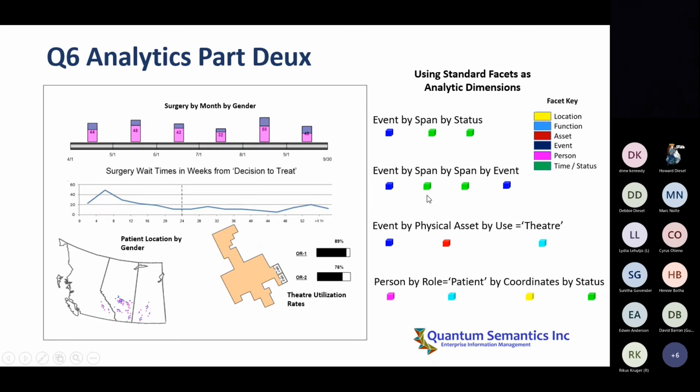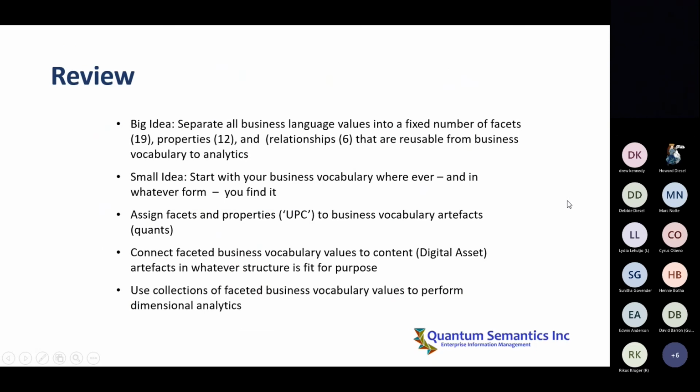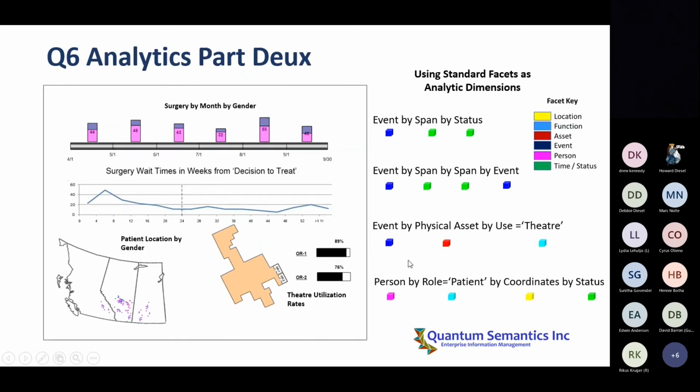So for example, it could be a span of 2012, or say November 2012, and then by event by surgery, or by what was the other event that I had there? Dang, should have made a note. Okay, but this one here is the, was that the SPOF? Sorry, SPOF. That was the document, right? That was related to that. Oh yeah, so that could be like, yeah, by consent for sure. Yeah. Right. And then the event by physical asset.